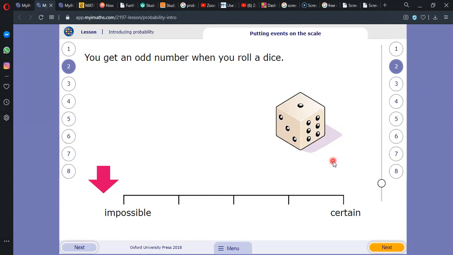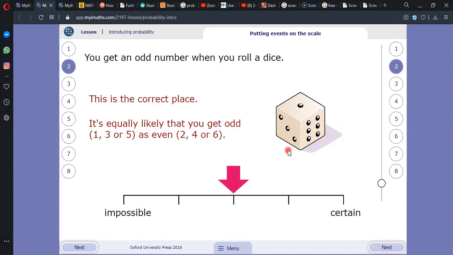The other numbers are even numbers, 2, 4, 6. So you have 3 even numbers and 3 odd numbers. What do you think? It's going to be an even chance because both are equally likely to occur. So it is equally likely that you get odd as you get even. So this is even chance, and that is correct.